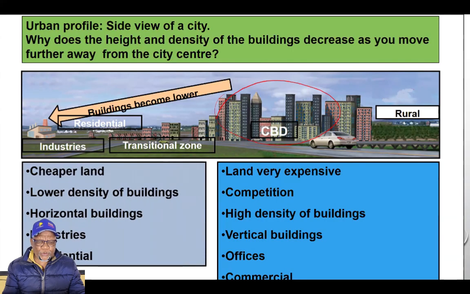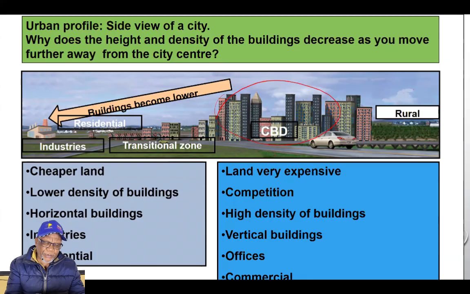Then when you're moving away from the city center, you are going to find that the land is cheaper, and therefore the height of the buildings is going to decrease as well, because you can buy large land and build many buildings instead of building one tall building.